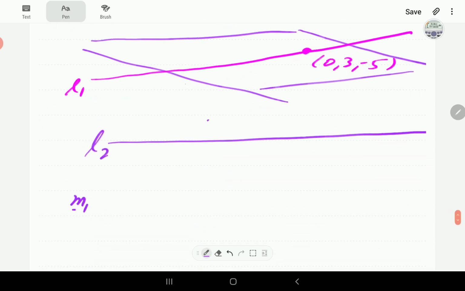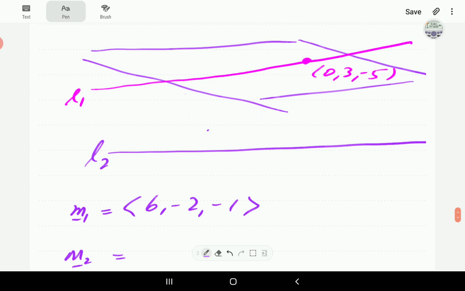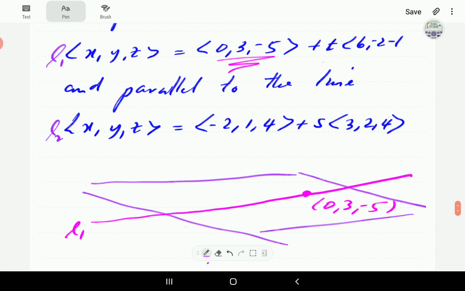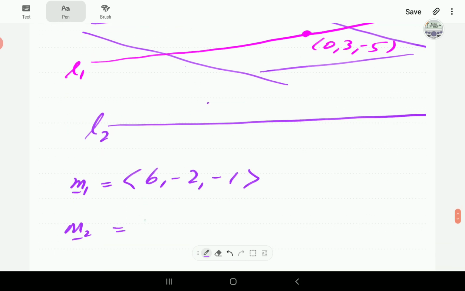So M1 is (6, -2, -1). M2 we can get from L2 because it's parallel to the plane. So that's going to be (3, 2, 4).